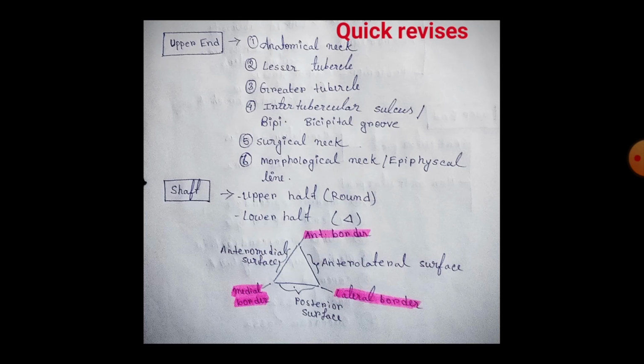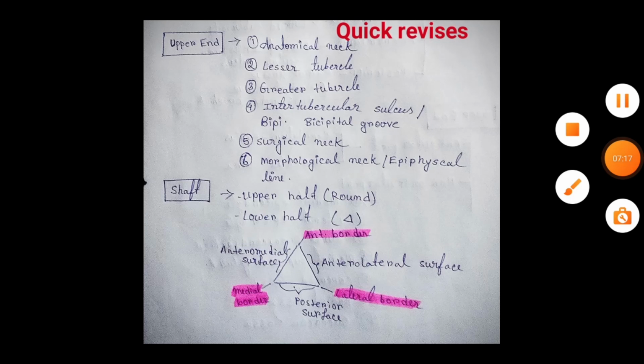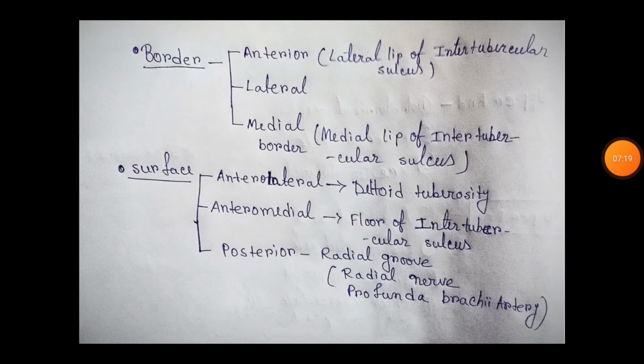At the shaft, the upper half is round and the lower half is triangular in shape. There are three borders and three surfaces: anterior, lateral and medial borders, and anterolateral surface, anteromedial surface, and posterior surface.